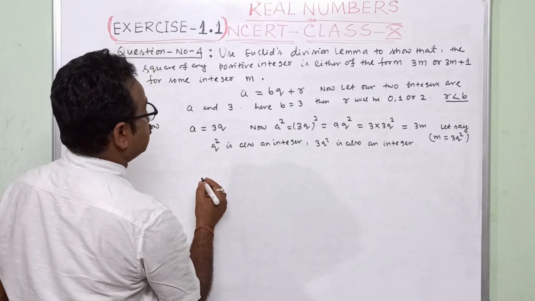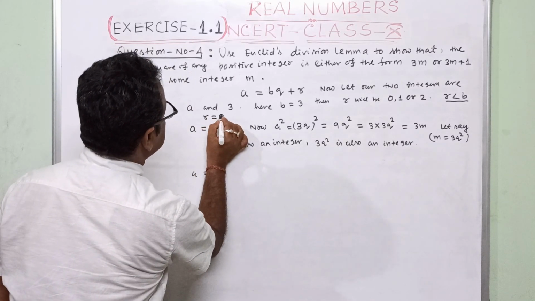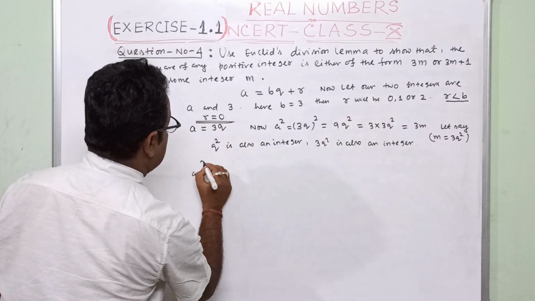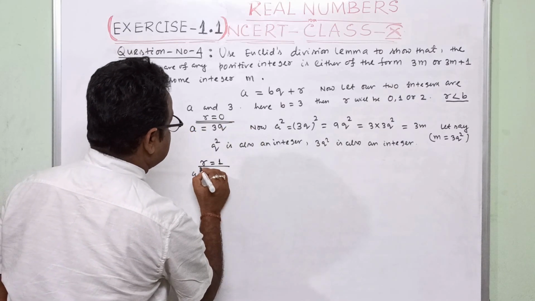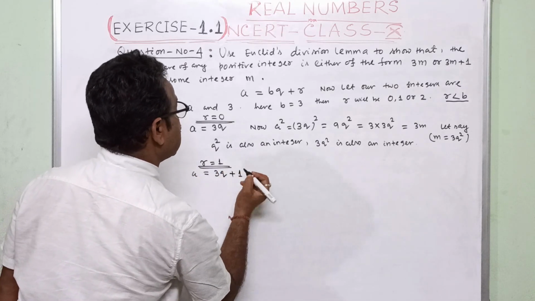Now let's say here r is equal to 1. So a is equal to 3q plus 1.